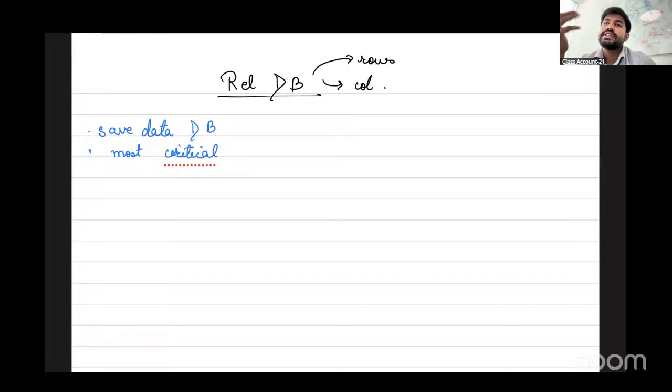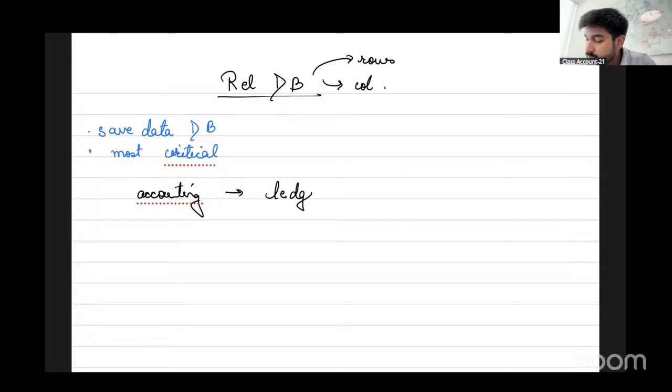The very first thing which started off was finance, because most things start with finance. Computers first started doing accounting, and a very important part there was using ledgers.